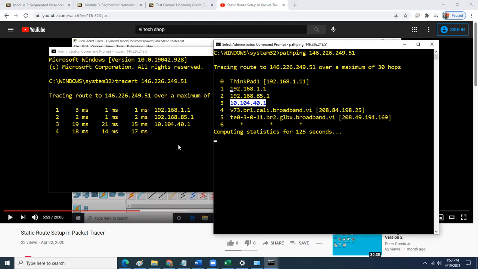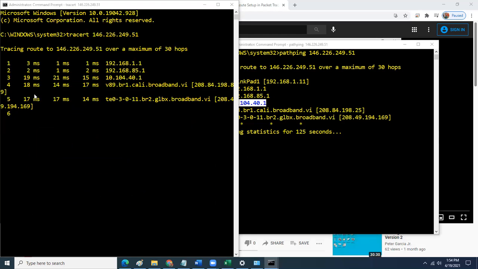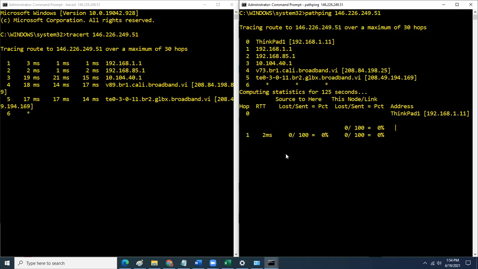It just takes longer. I've found that a lot of times you get information using PathPing that you don't get using Tracert. So here you see the different levels.